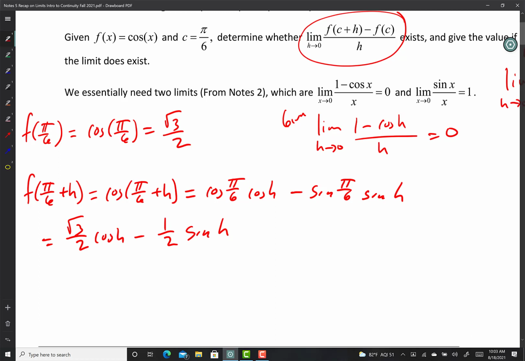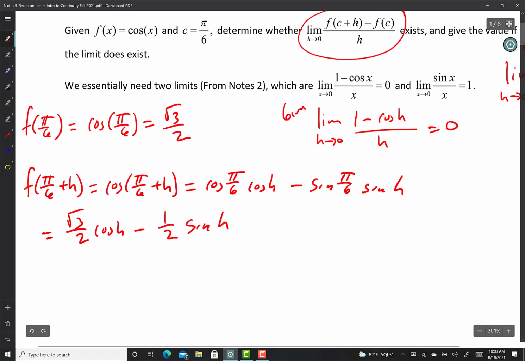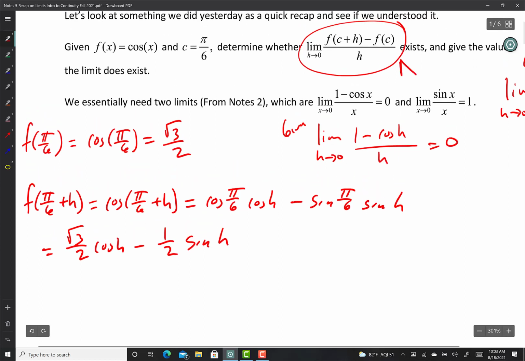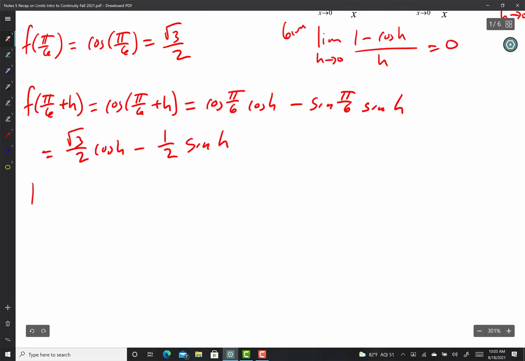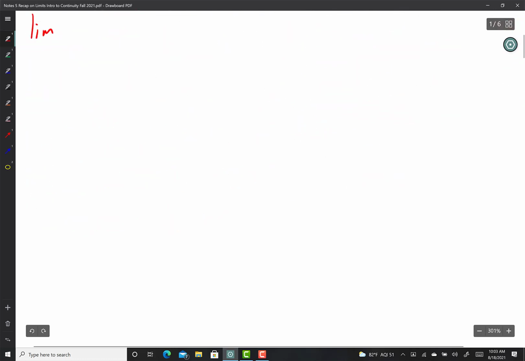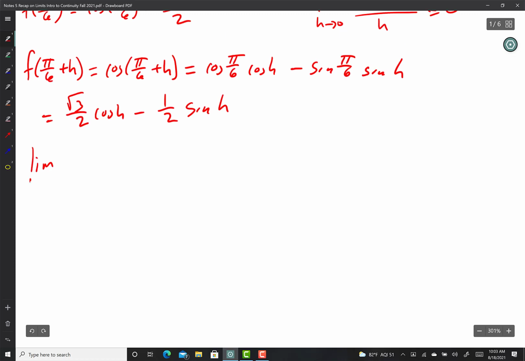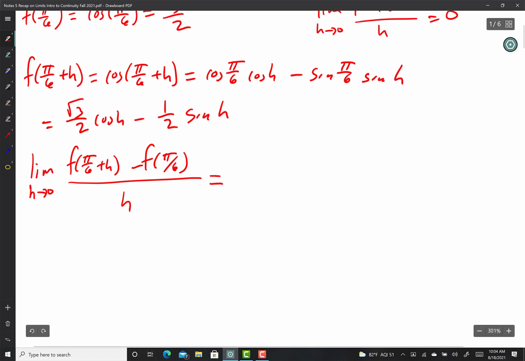Are we okay so far? Okay, here comes the moment of truth. I am now going to start evaluating the difference quotient with an h on it. So I'm going to write limit, and I left the whole page blank so we can use the whole page here. Limit as h approaches 0 of f of pi over 6 plus h minus f of pi over 6, all over h is equal to, and I'm going to write this on top first.